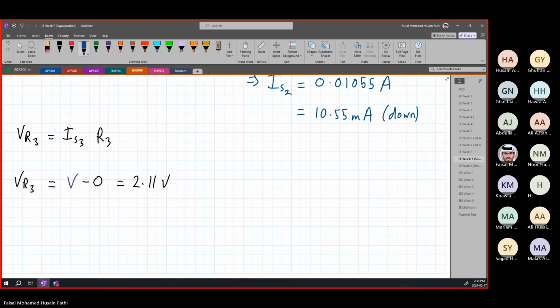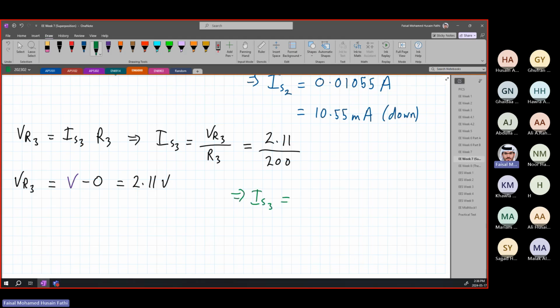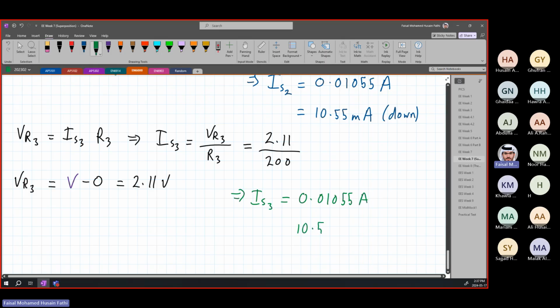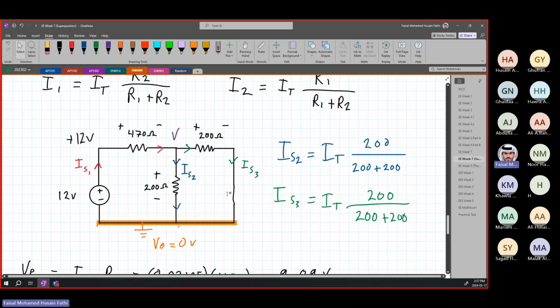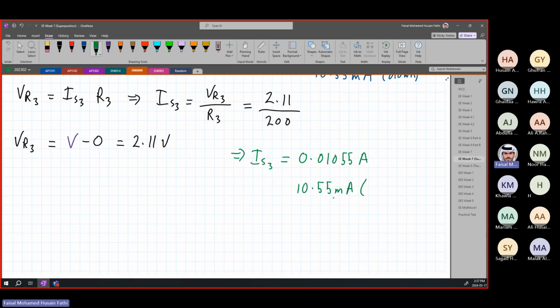Therefore, from the first equation, IS3 is equal to VR3 divided by R3, which is 2.11 over 200. So IS3 is equal to 0.01055 amperes, or 10.55 milliamperes. Again, direction is important. Assume direction is downwards. So we're just going to write it down.